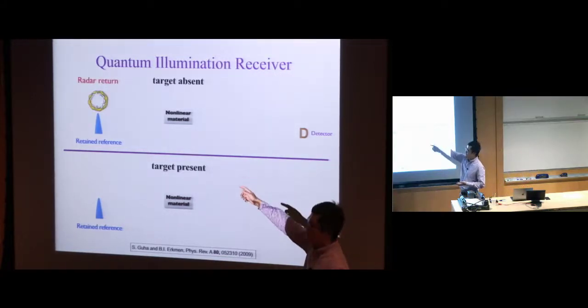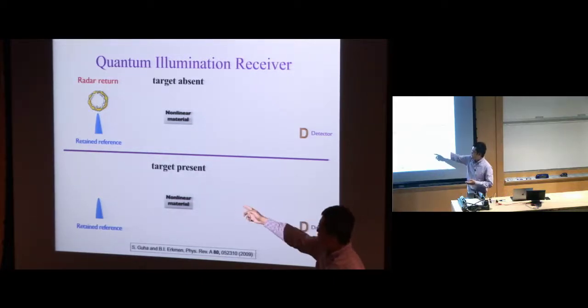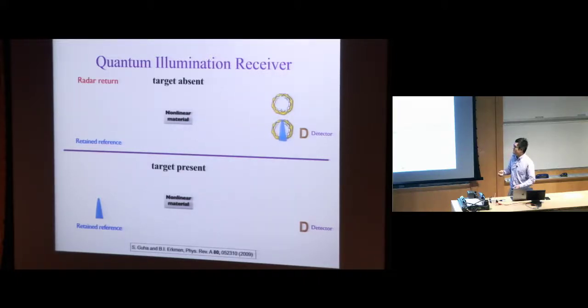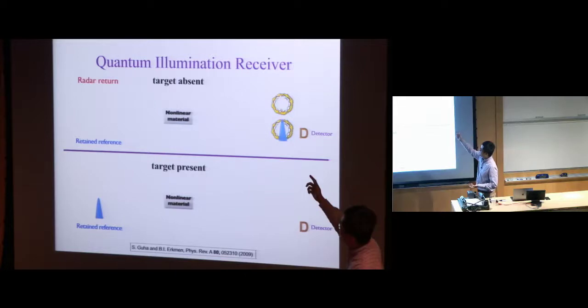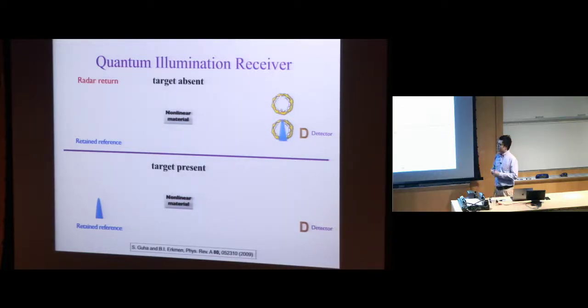Now you have a radar return, which is basically noise, and you have your locally retained reference. It's not correlated with noise, and once the two beams go through this nonlinear process, not much would happen because noise does not interact very well with your reference arm. What you observe is just a small portion of the noise is going to be converted onto your locally retained reference. Then you just perform a measurement on the reference.